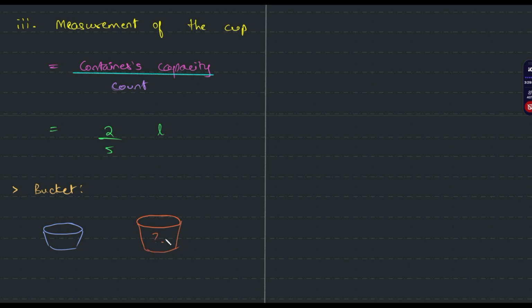We don't know how many liters this is, but we know how many liters this is. So the idea is quite simple. Again, fill this up and transfer the water from the known container to the unknown, and then the count.